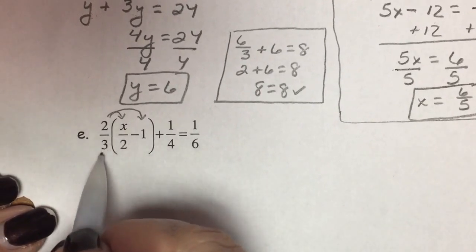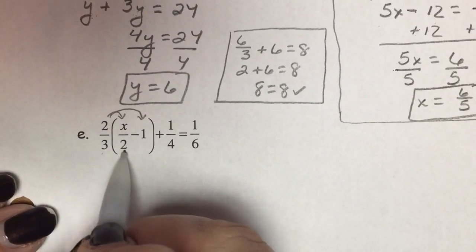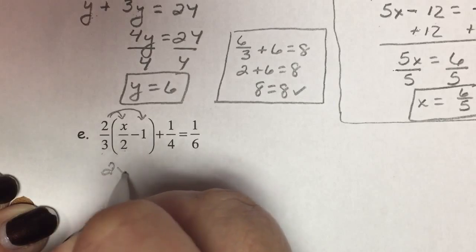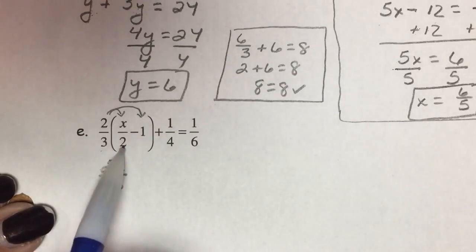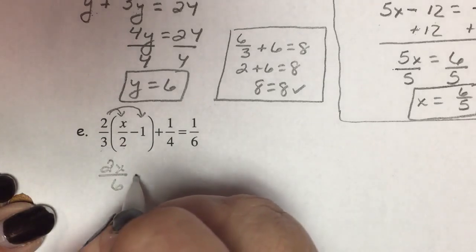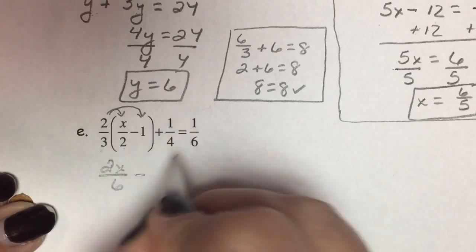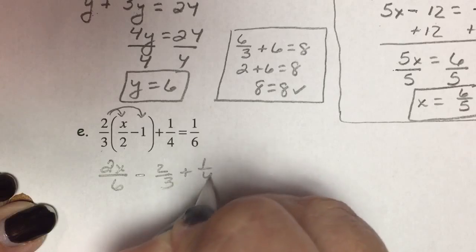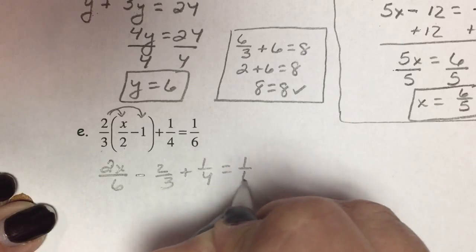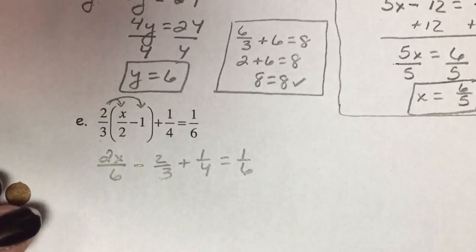If I multiply 2/3 times x over 2, I'm going to get 2x over 6. Now, I know that I could have canceled these 2's, and you are welcome to do that, but you don't have to in the end. Minus 2/3 times 1 is 2/3, plus 1/4 equals 1/6.